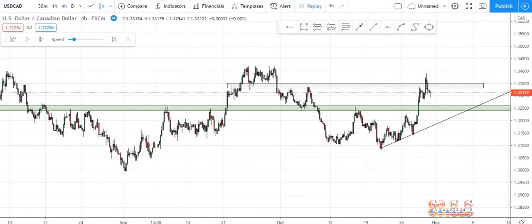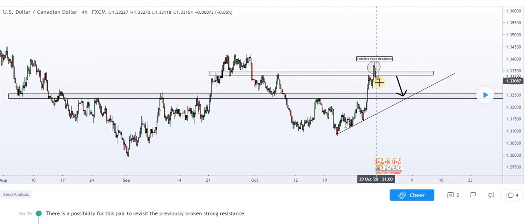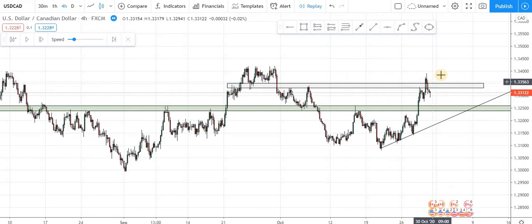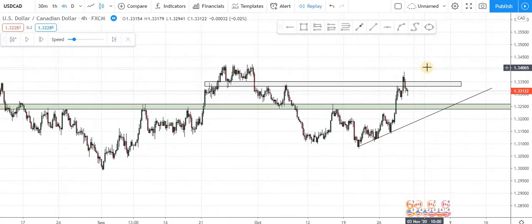Let's look at it again. Somewhere around there. We already had this green candle, but I'm failing to catch it, but it's all good. This should do.